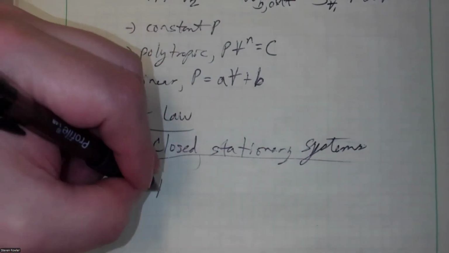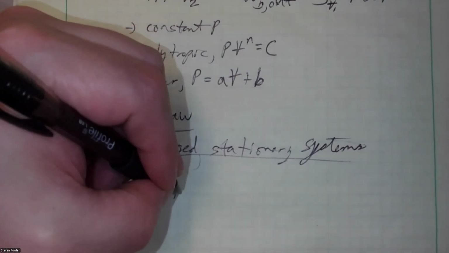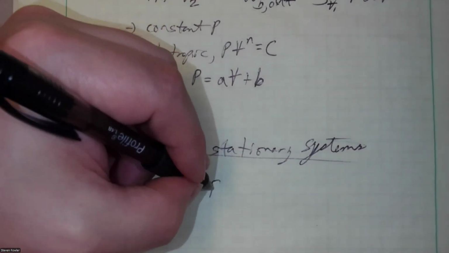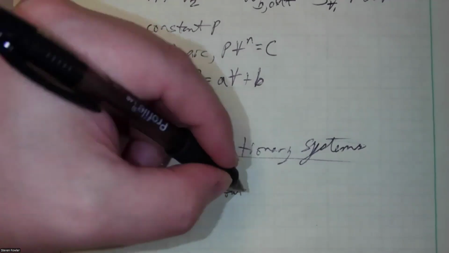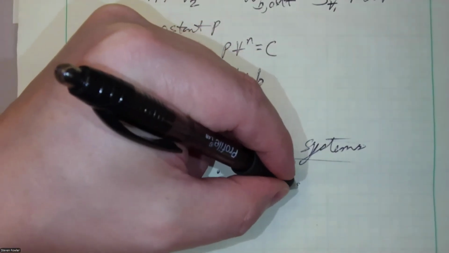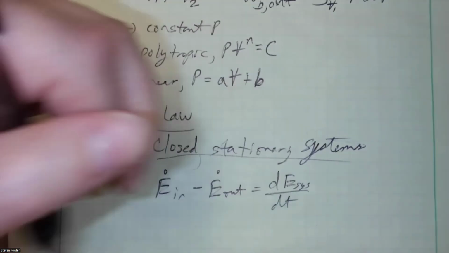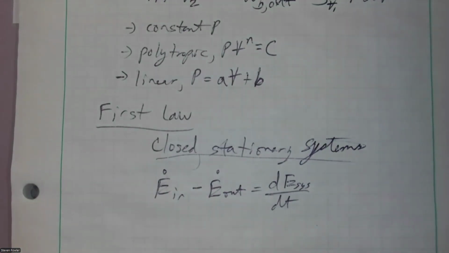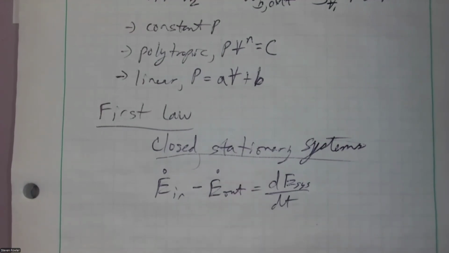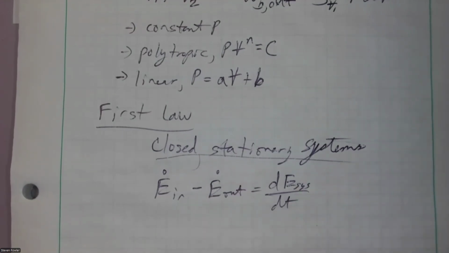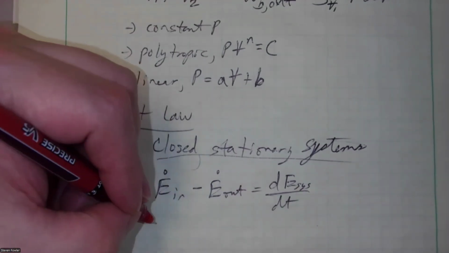Well, if we start back at the most basic original version of the first law, E dot in minus E dot out is equal to dE system dt. The rate at which energy comes into the system minus the rate at which energy goes out of the system is equal to the change in the energy of my system with respect to time.